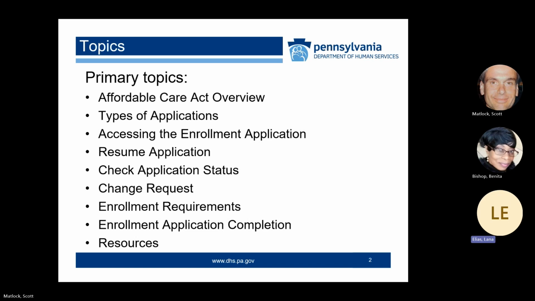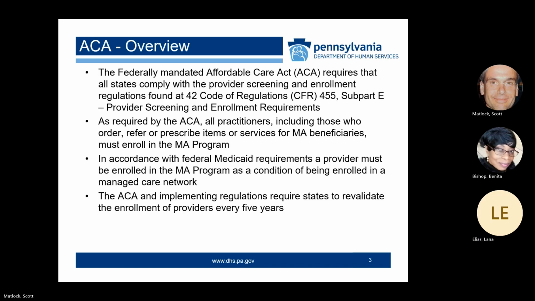We'll be talking about how to access the enrollment application, resume an application that has previously been started, check the application status, how to submit change requests and when to submit change requests. We'll also review enrollment requirements, as well as the enrollment application completion, and then at the conclusion, we'll review some available resources.